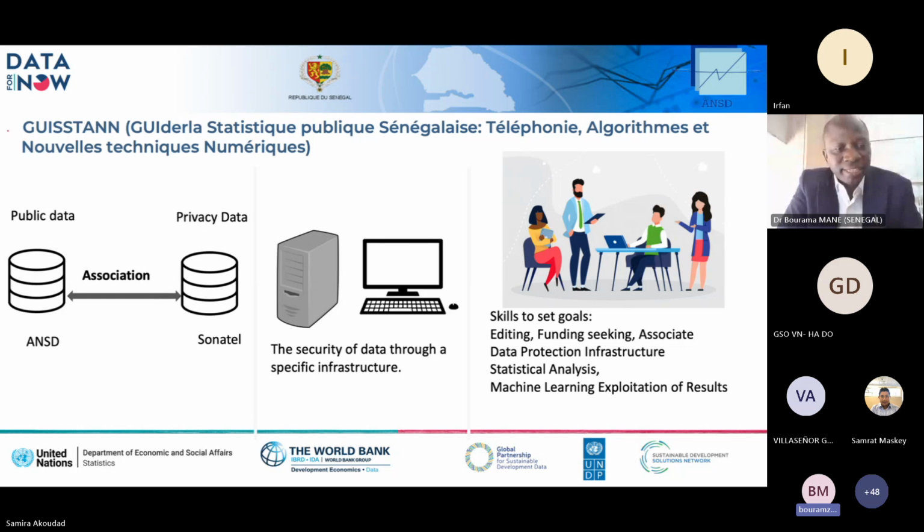The objective is to accumulate all this data and have security of data through a specific infrastructure. After that, we can do all the analysis for this data, private and public, and that helps to set goals: editing, funding, seeking, associate data protection infrastructure, statistical analysis, machine learning, exploitation of results.